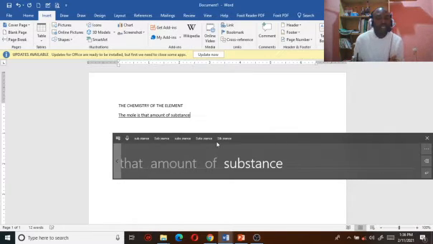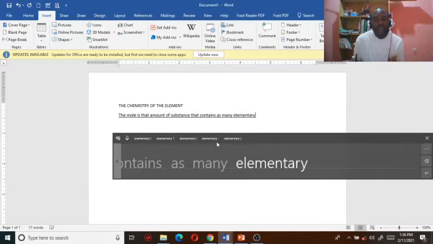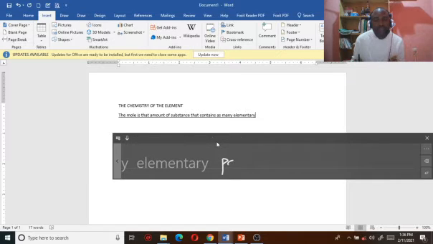Can you imagine that contains as many elementary particles.